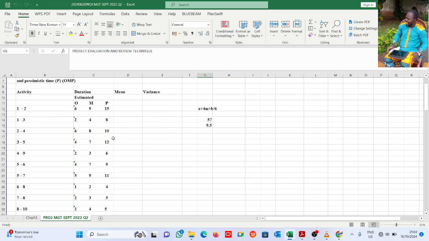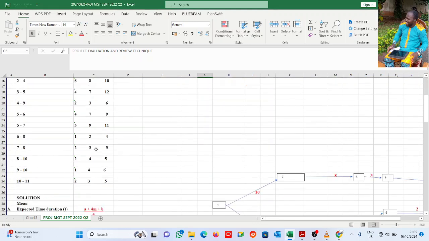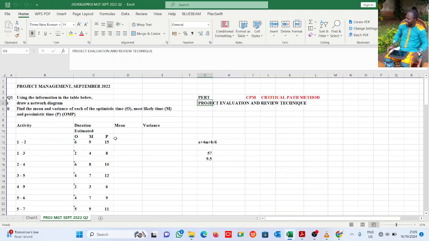When you see 3 different estimated times, for us to draw a network diagram we can't use 3 different estimated times. We need just 1 time, and that's why they gave us here the mean, the expected time duration for each activity.